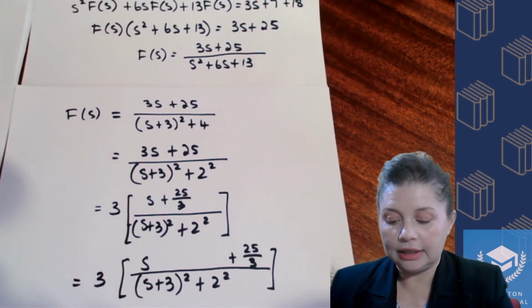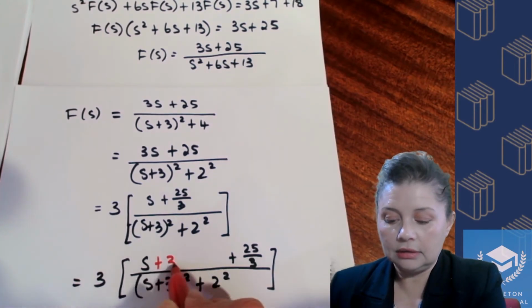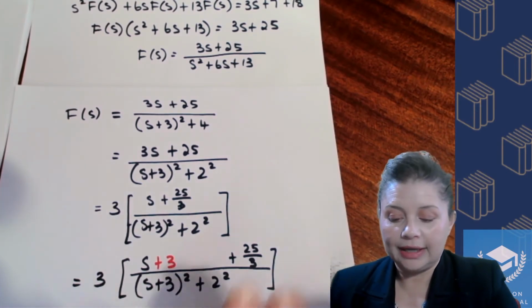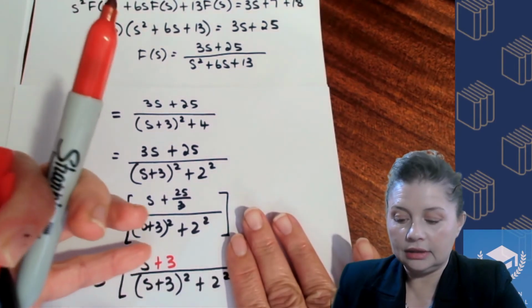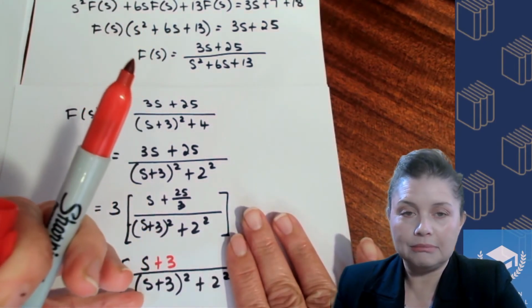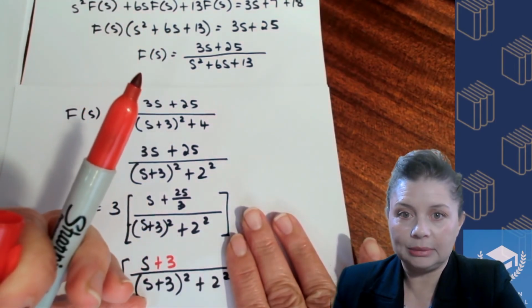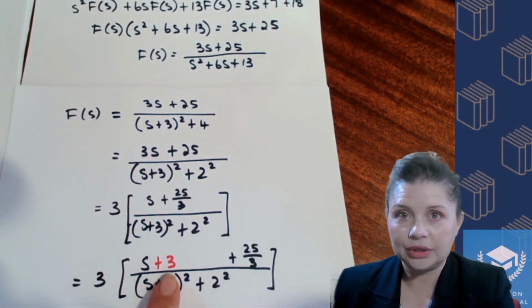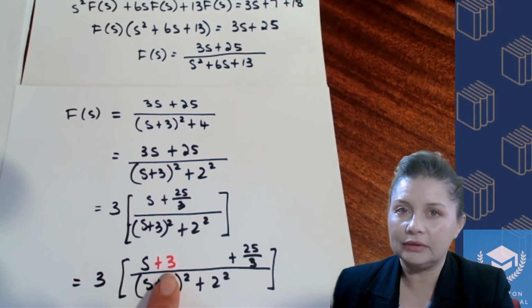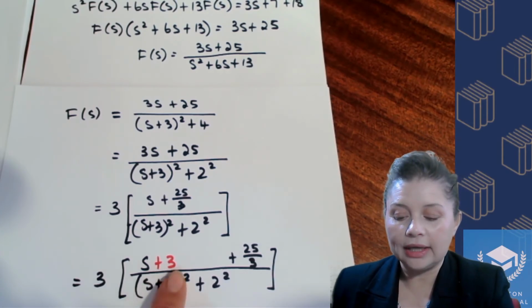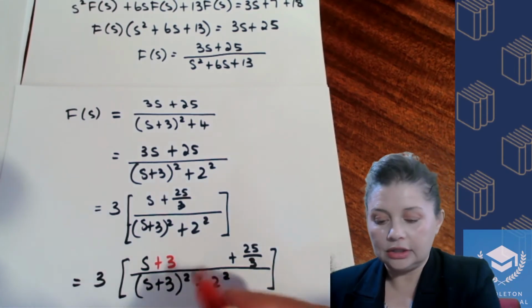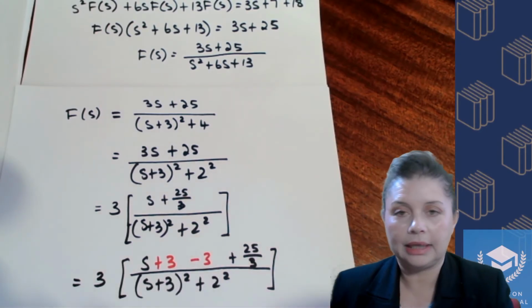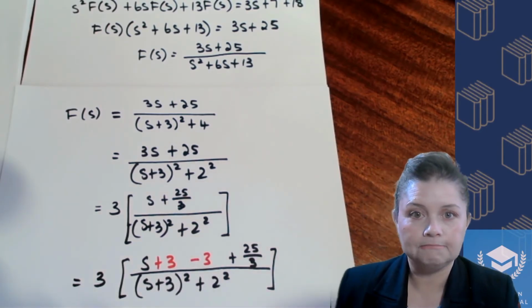So what I need to have is plus 3, because if I cover that up, you see that numerator then matches the bracket in the denominator. But if I add a 3 in here, I change the value of this function. So the only way I can balance that out is to say minus 3 over there.